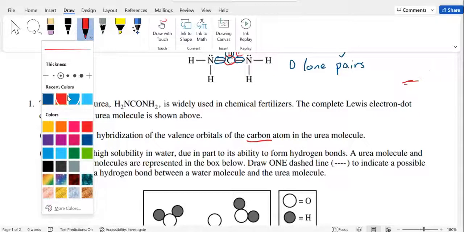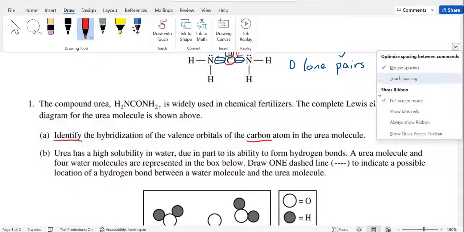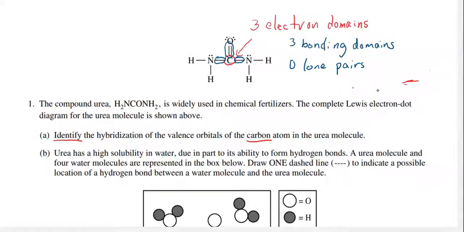Okay, so basically that's what you use to determine the hybridization, the number of electron domains. 3 electron domains is sp2 hybridized. Basically, you just count the exponents, because really this s is s1. So 1s and 2p gives you a total of 3.